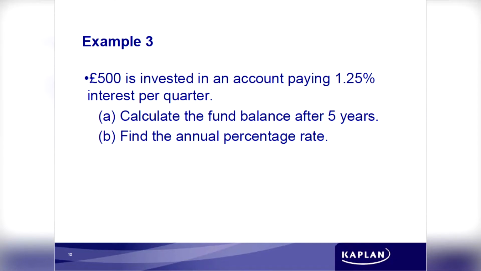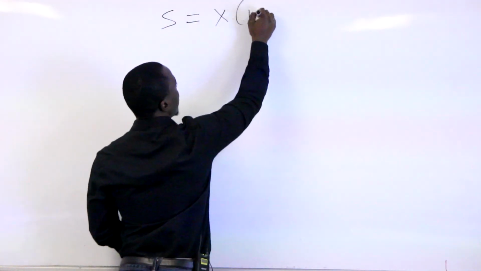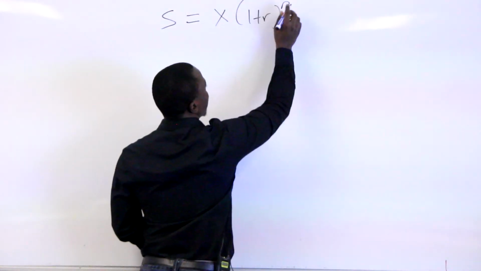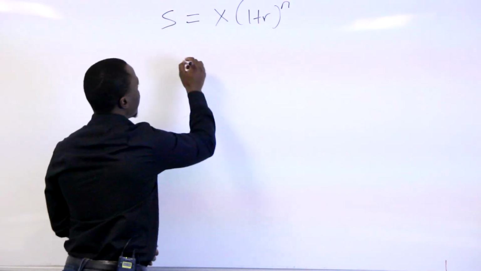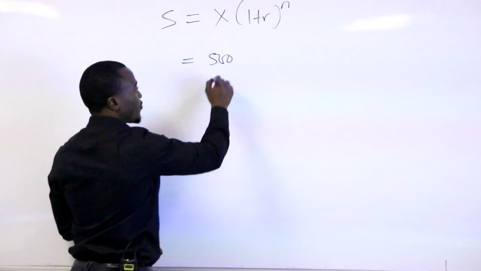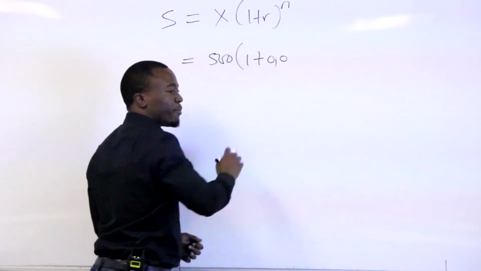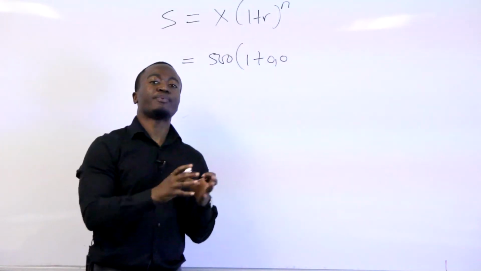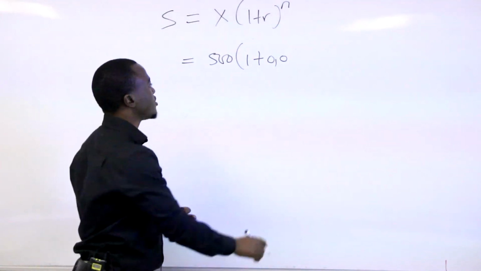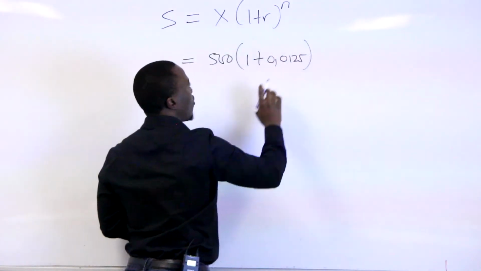To find the value after 5 years, the formula is still the same, 1 plus R to the power of N. The principal amount is 500. Remember the percentage we're given is 1.25%, and it's quarterly, so it's 0.0125, and it's to the power of what?